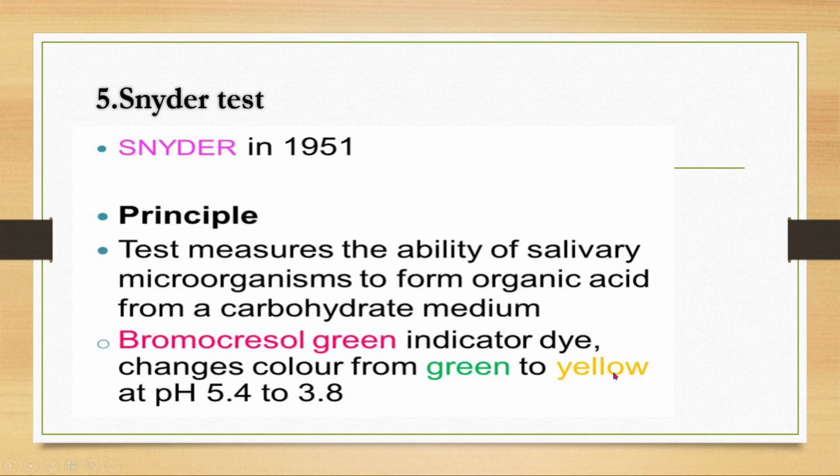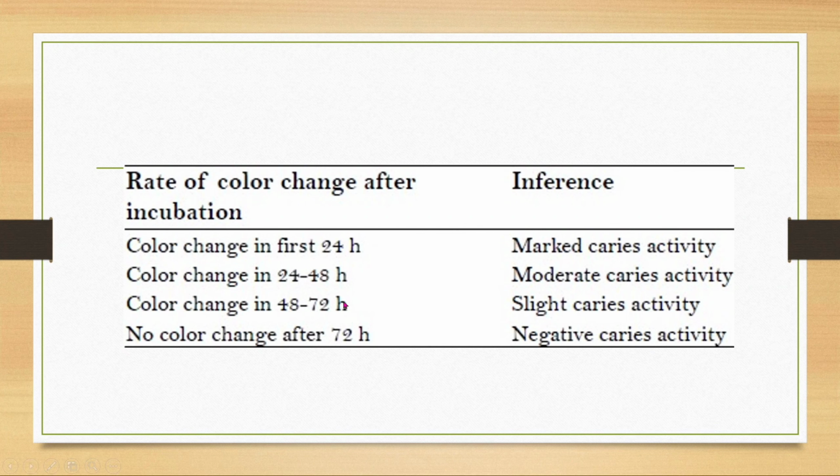If the indicator dye, that is bromocresol green, is not there, we will not be able to understand the change of pH. But when we put the dye, the color of the solution will change so that it is easily visible and measurable. So when the color change happens within 24 hours, there is high caries activity, that is marked caries activity.